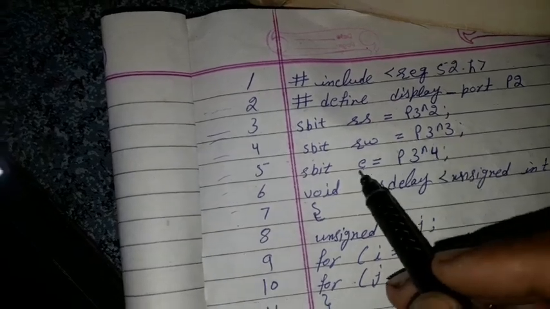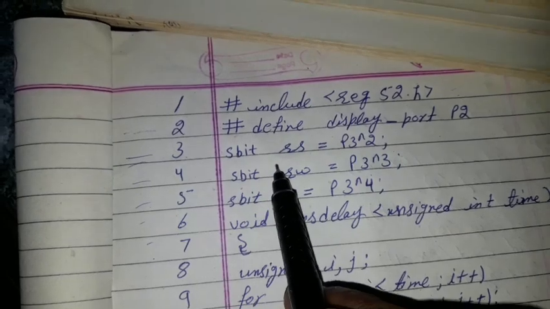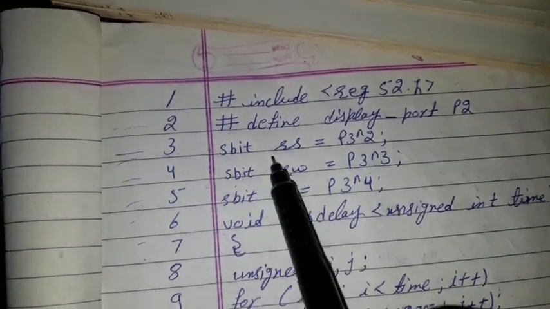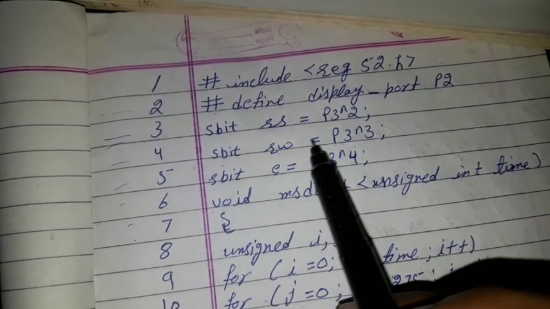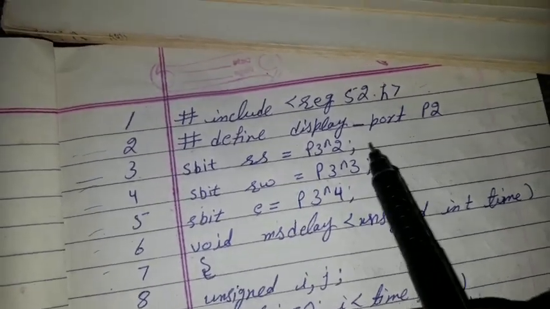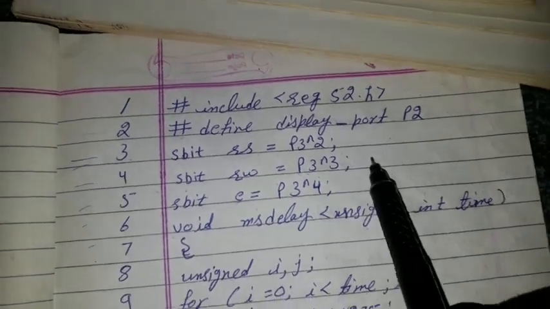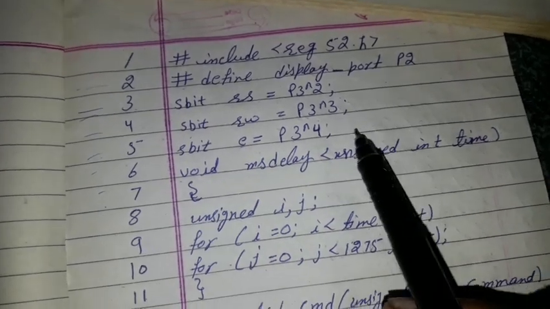Write pin is on 3.3 and enable pin 3.4 is connected, and from where the sbit comes from. So sbit is used when we use the single pins of any port number, and when we write sbit, it shows that we use 1 bit of it, and it's used for bit manipulation.